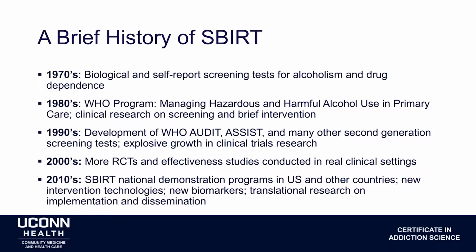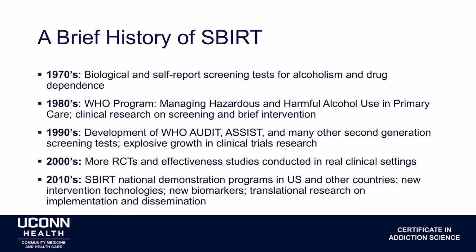A brief summary of the literature that has led to the development of SBIRT programs is relevant here because it provides a great illustration of the use of clinical research in the development of evidence-based practices in addiction treatment.